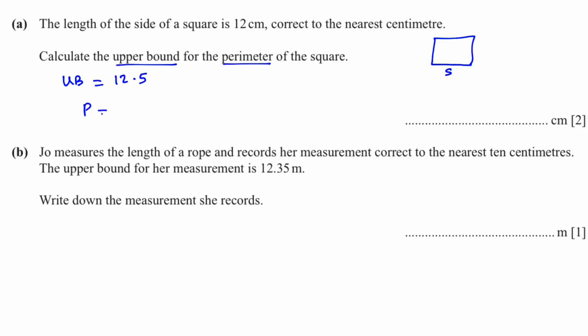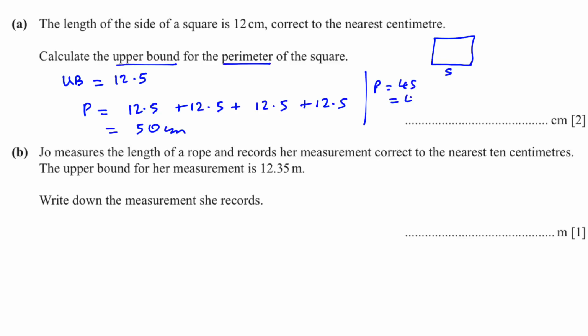So the perimeter will be 12.5 plus 12.5, which will give us 50 centimeter. The formula to find the perimeter of a square is 4s. So you will do 4 times 12.5 and you will be still getting the same answer.